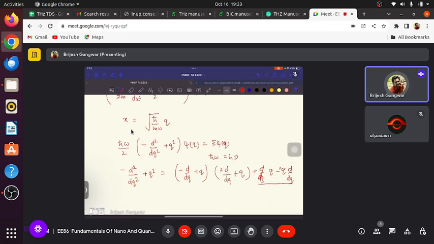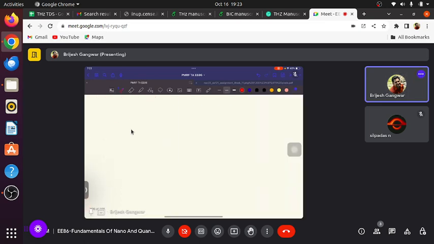These last two terms can be simplified by considering the effect on an arbitrary differentiable function f of q. So d over dq of q f of q minus q df of q by dq equals f of q.